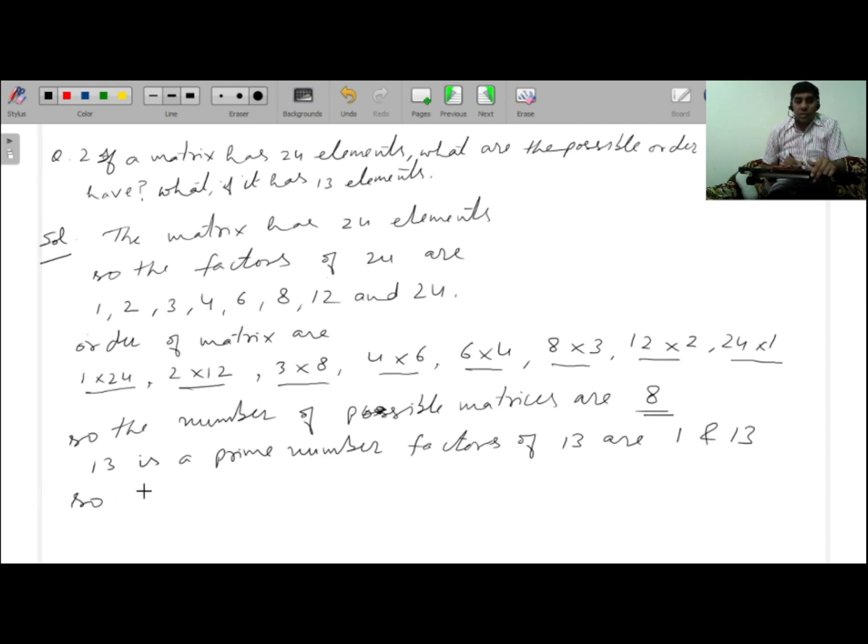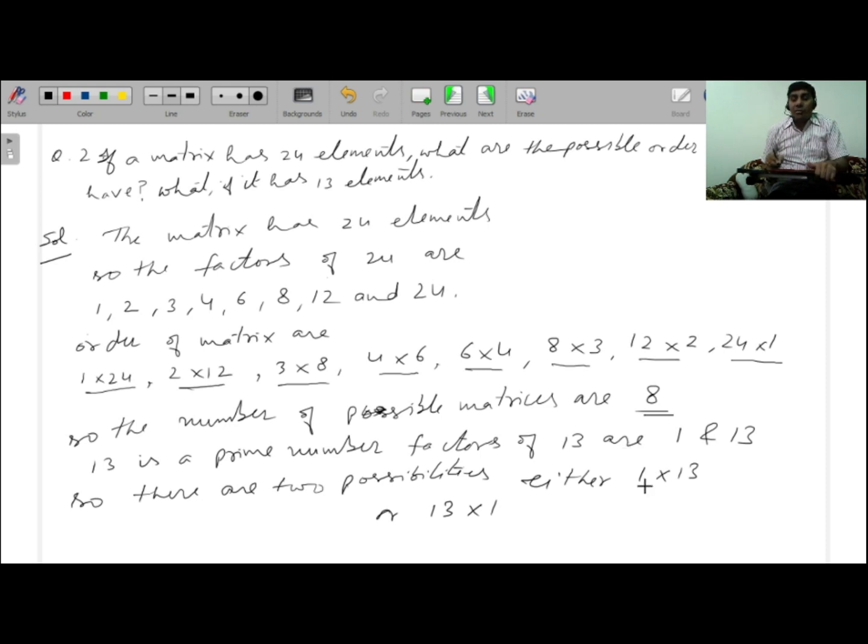So there are 2 possibilities: either 1 into 13 or 13 into 1. So if a matrix has a prime number of elements, then either this matrix is a row matrix or it is a column matrix.